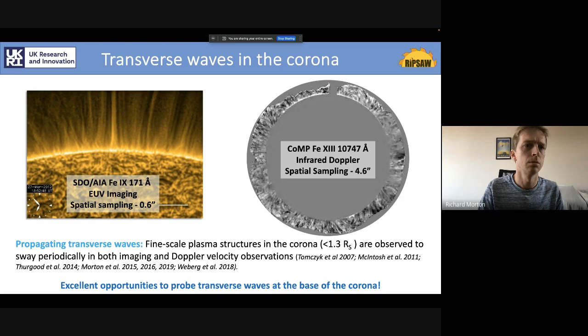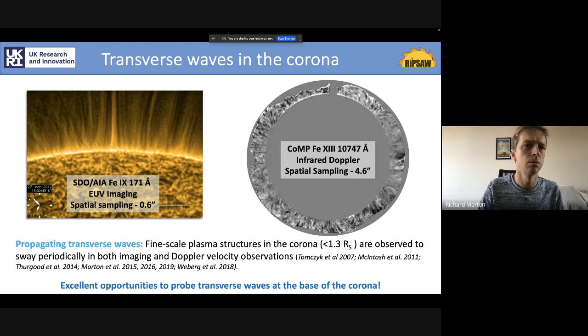What you measure in CoMP is the Doppler signal integrated through the entire corona. So in CoMP, you're integrating over many oscillating structures that are potentially out of phase. And as soon as you integrate over many out of phase oscillating structures, the Doppler velocity amplitude you measure is just going to decrease, because you have some features oscillating in opposite directions from each other, and so that decreases the Doppler signal.